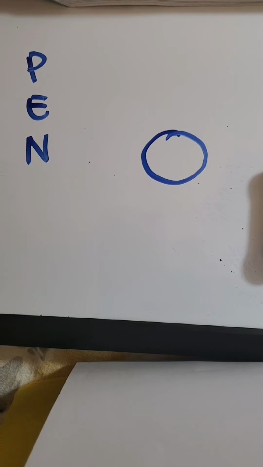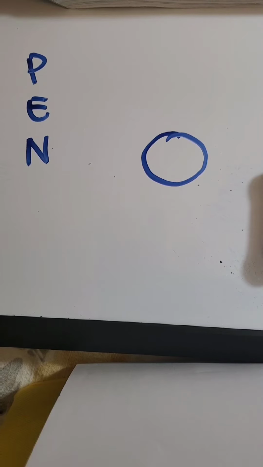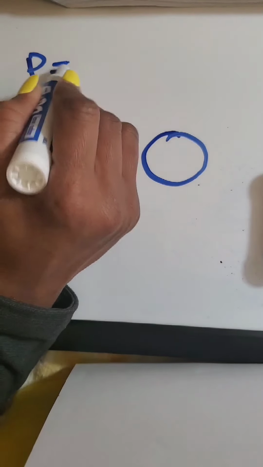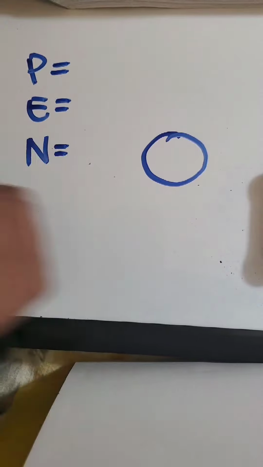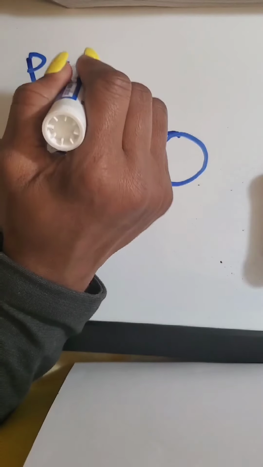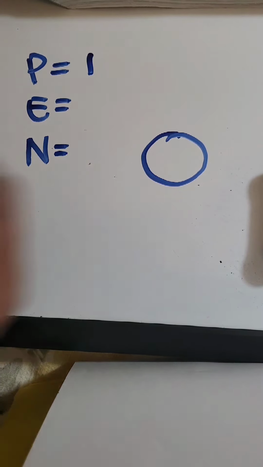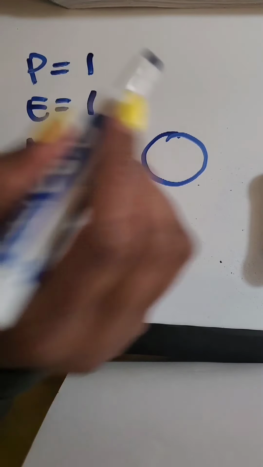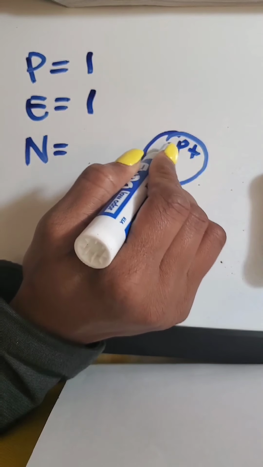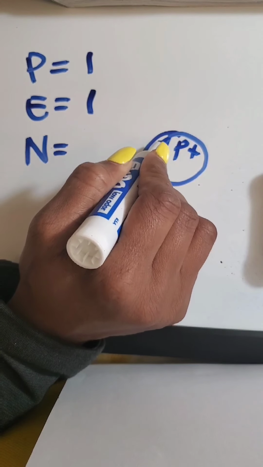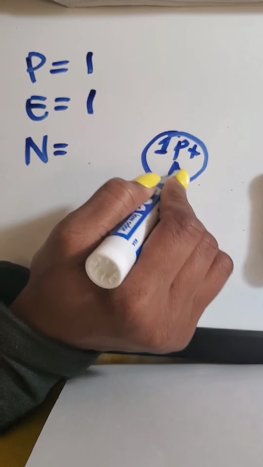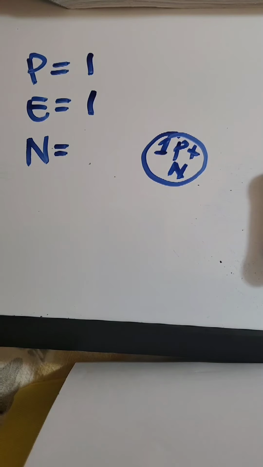We're trying to figure out how many protons, electrons, and neutrons should go in the hydrogen atom. Now we know the atomic number is 1, so therefore the number of protons will equal 1 and the number of electrons will be equal to 1. And we write those in our nucleus, 1 proton.